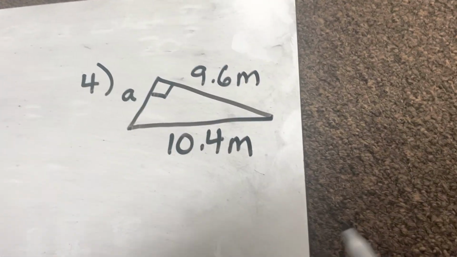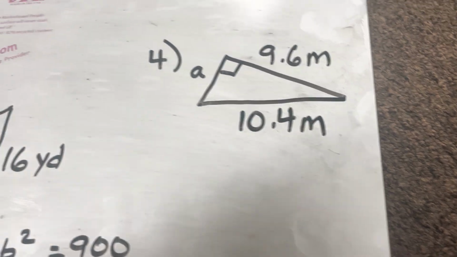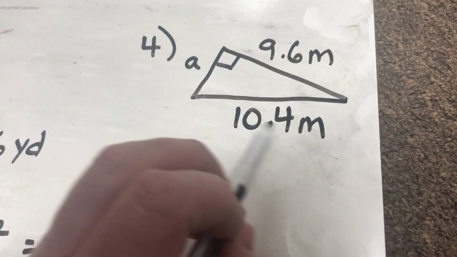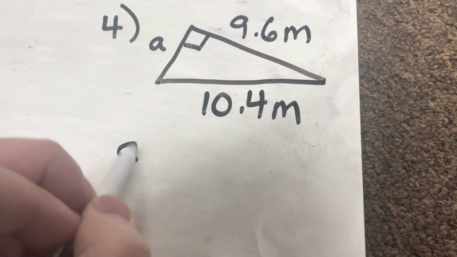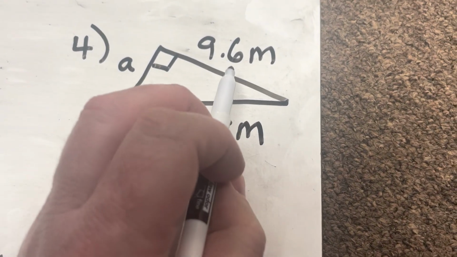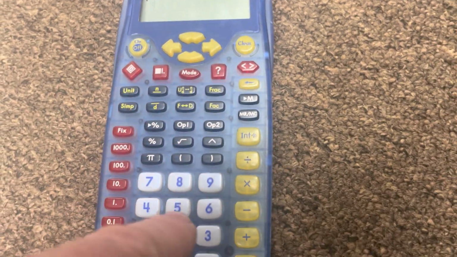All right, here we go again. One last one for this section. 9.6, 10.4. We know the hypotenuse, that's 10.4. So we have A squared plus B squared, and we're going to make B 9.6. So we come over here, we clear.